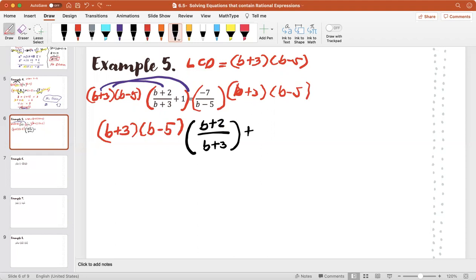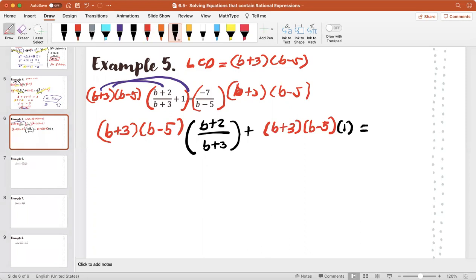Plus your LCD, b plus 3 times b minus 5 times your second expression, positive 1.